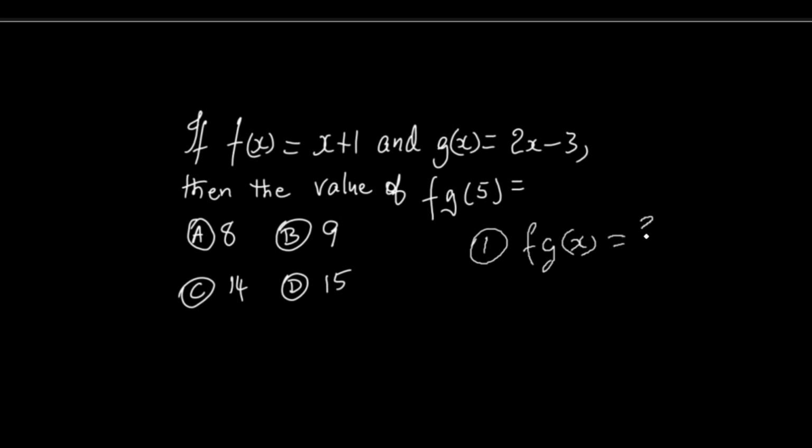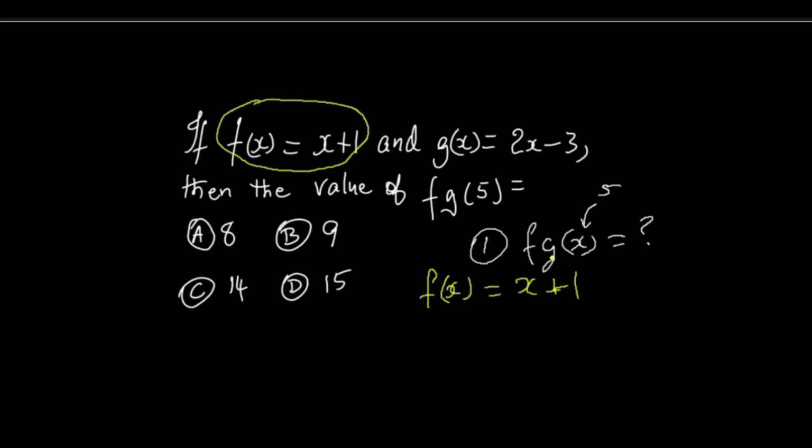Once we form an expression for f of g of x, we can then replace the x with 5. In fact, we'll be finding f of g of 5 in that instance. Now, the first function we're seeing is f. So we're going to write the f function, which has been given to us, which is f of x being equal to x plus 1.